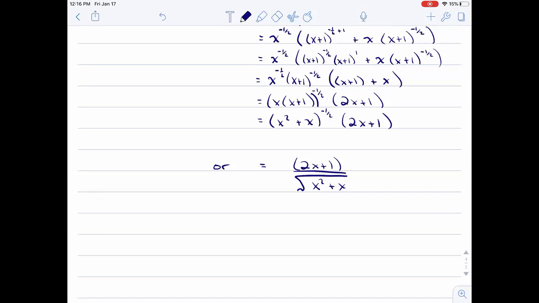But either way, we could rationalize the denominator, which we talked about last day. But let's leave it here for now.